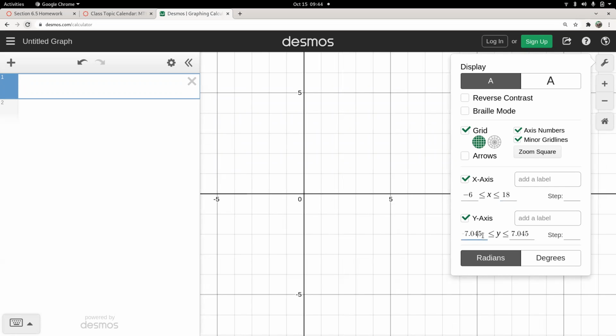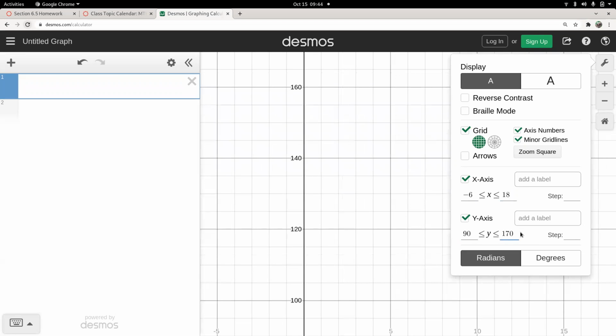And then to see the rabbits, our min was 94, 33 below 127, so maybe we'll start at 90. And then our max was 160, 127 plus 33, so we'll go a little higher, maybe up to 170. All right, so that window should show 2 periods.